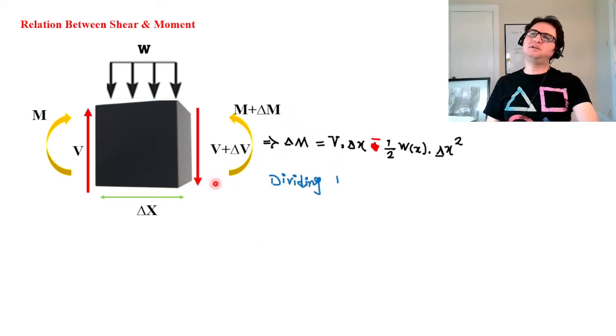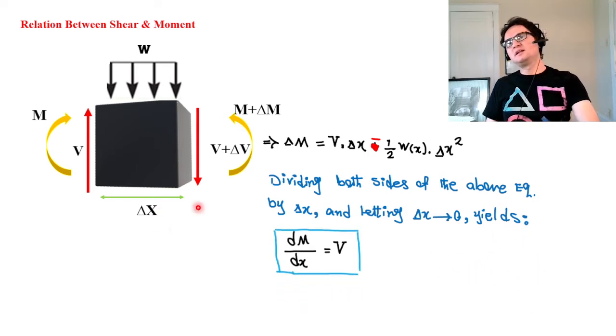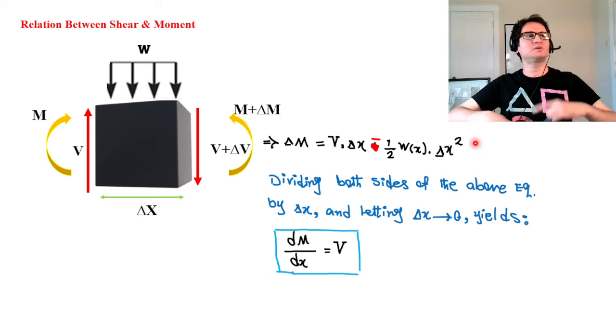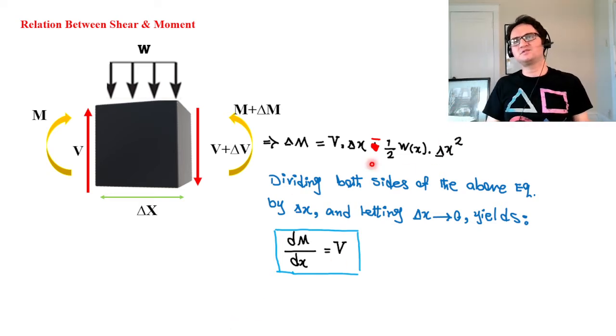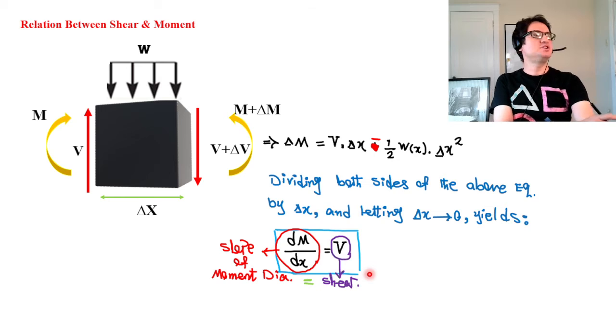Again, if we rewrite the equation and divide both sides by delta x, it yields dM. If you ignore the second term with delta x squared, since delta x itself is a small amount, when squared it is a very small amount and almost negligible, so we just ignore that term. dM over dx is equal to V, and that says the slope of the moment diagram is the shear value.